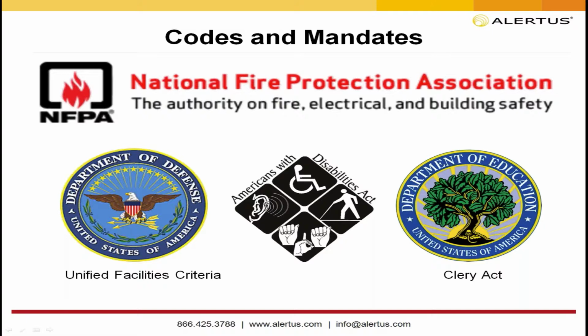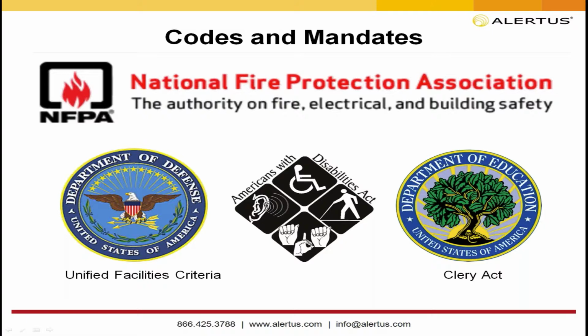The last one, which is most applicable across all these industries, as well as every new building, every building that's built within mostly the United States, and also this code is adopted within Mexico, Central America, and a number of areas within Canada, is the National Fire Protection Association.